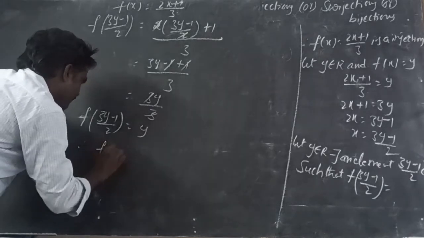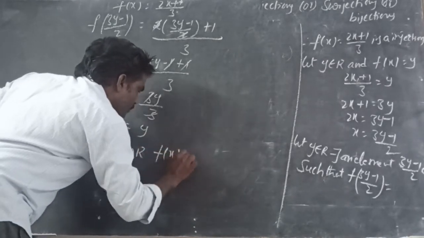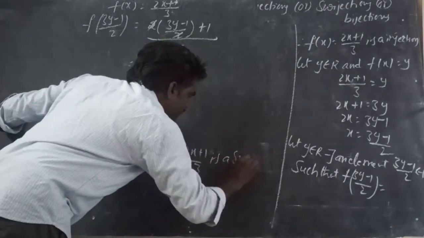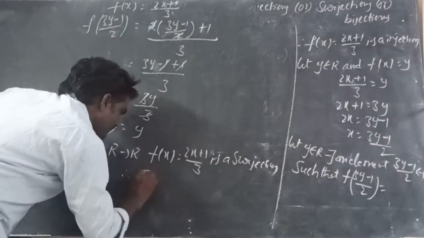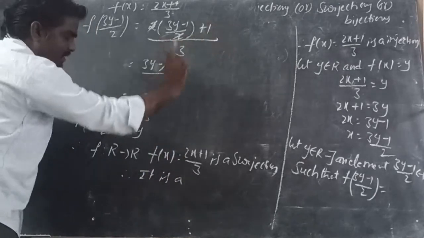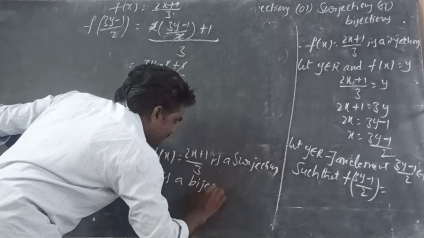Therefore f from R to R defined by f of x equals (2x plus 1) by 3 is a surjection function. So therefore it is a bijection function. Why? It is an injection function and it is a surjection function.